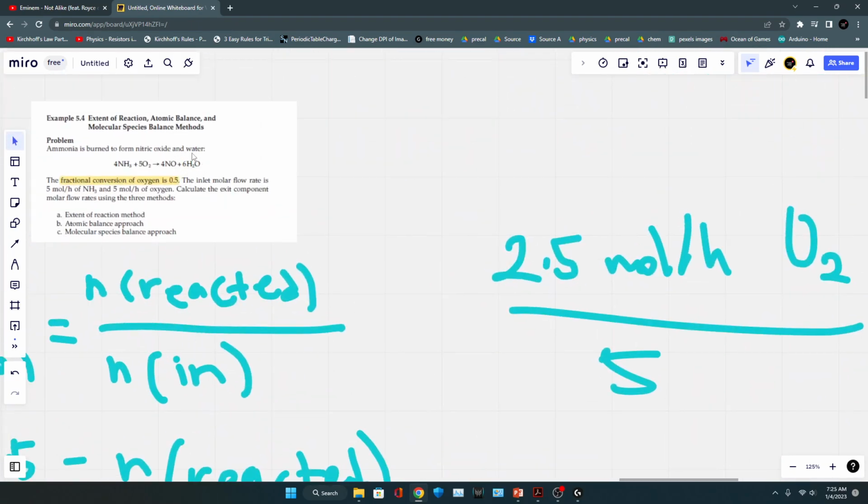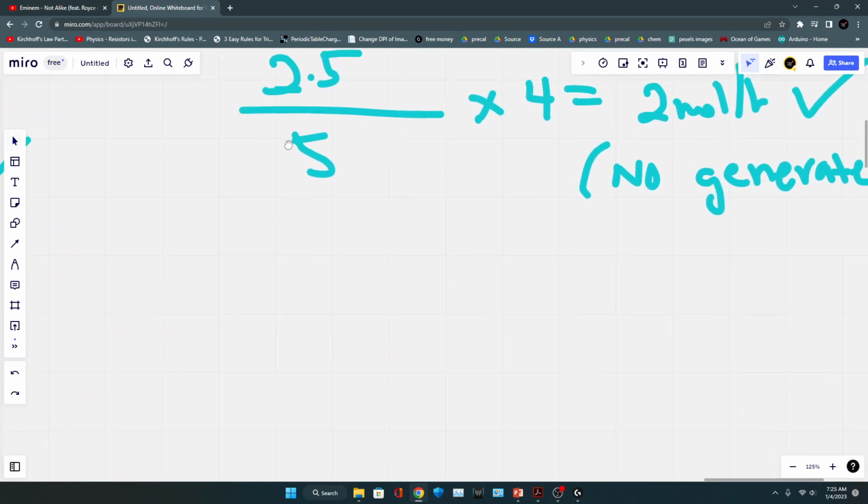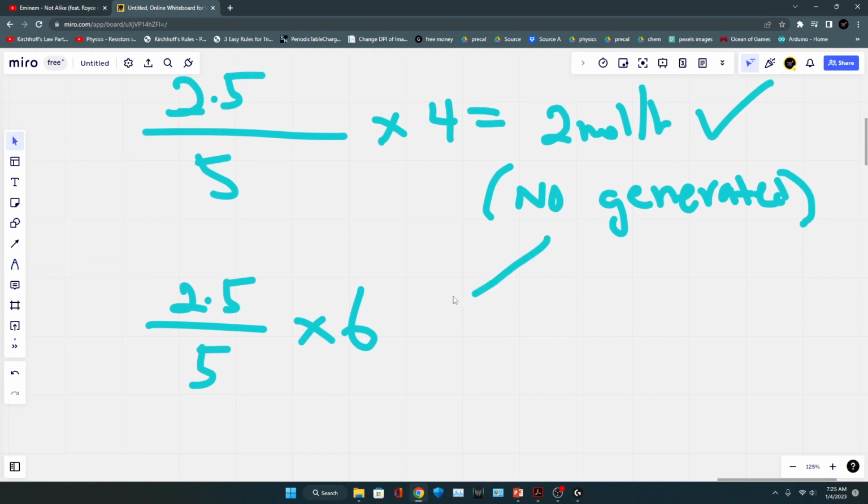It has been stated earlier that the stoichiometric coefficient for the number of moles of water that has been produced is 6. So we just do the same thing. 2.5 moles of oxygen that has reacted with ammonia earlier, we divide by the 5 moles of oxygen from the equation, then we multiply it by 6, because 6 moles of water.